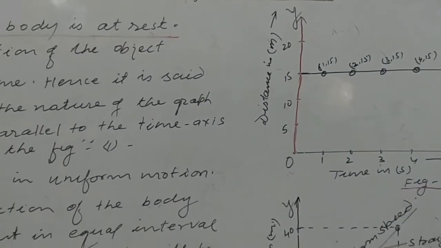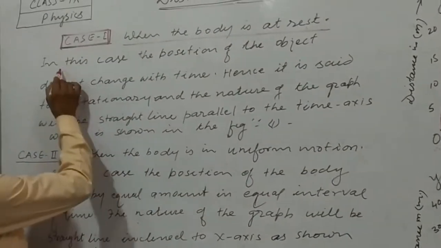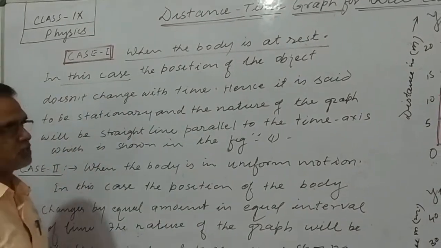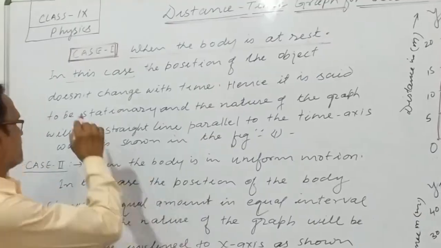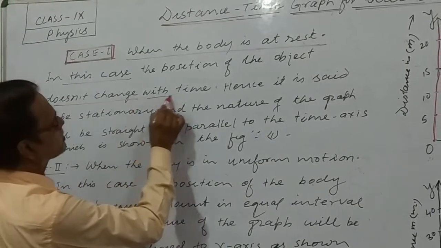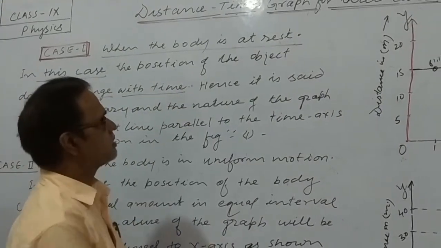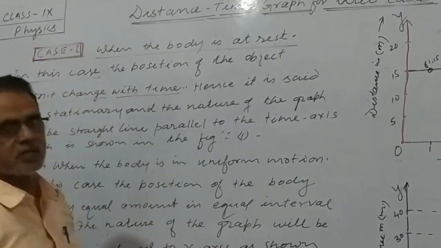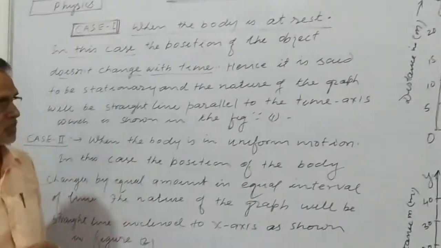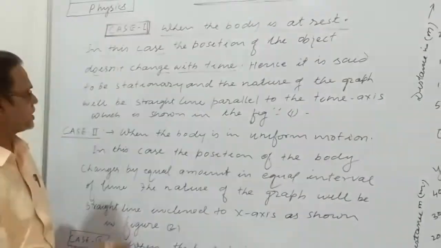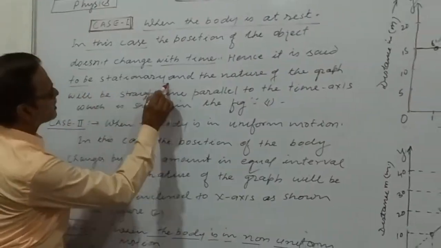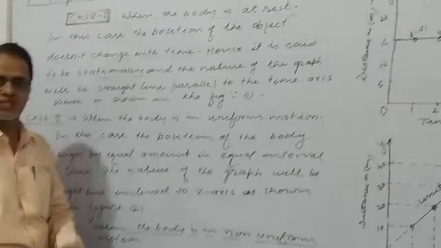So when the body is at rest, in this case, the position of the object does not change with time. Hence, it is said to be stationary. ये क्या कहलाएगा? Stationary.